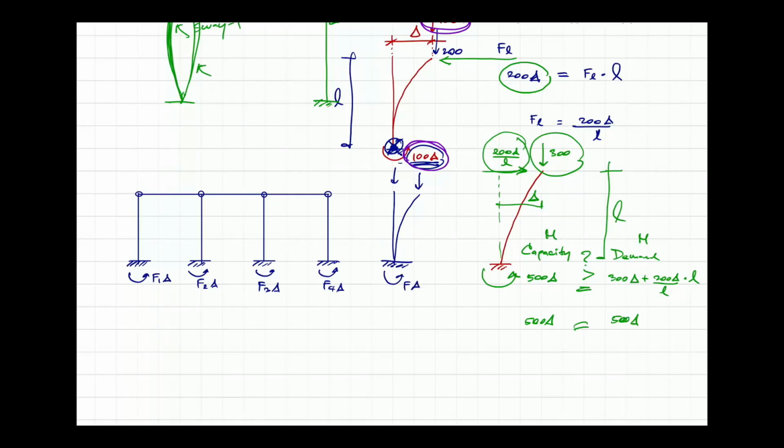So the sigma P concept says that, from the proof above, you can distribute the load onto these columns.